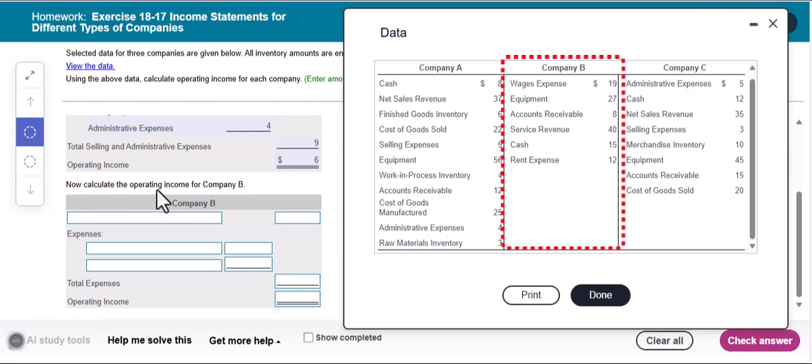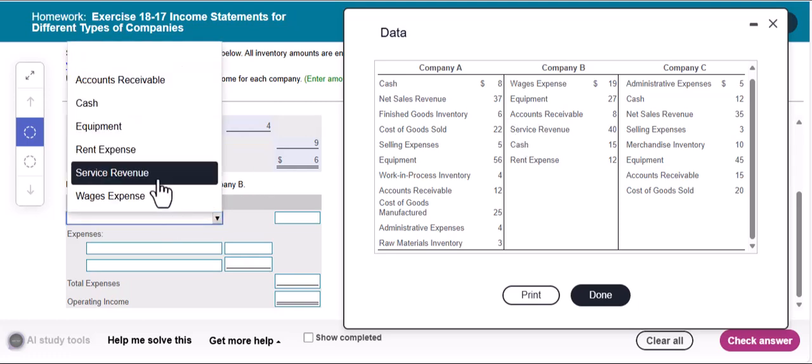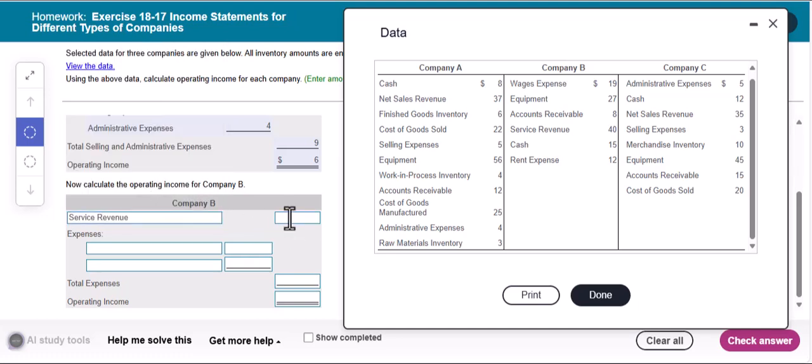So now calculate the operating income for Company B. As far as their income statement items, it looks like they only have service revenue and 2 expenses, so wage expense and rent expense. So again, they're going to be a service company here. Clue, service revenue right there. So we will input service revenue first, and that is going to be 40 million.